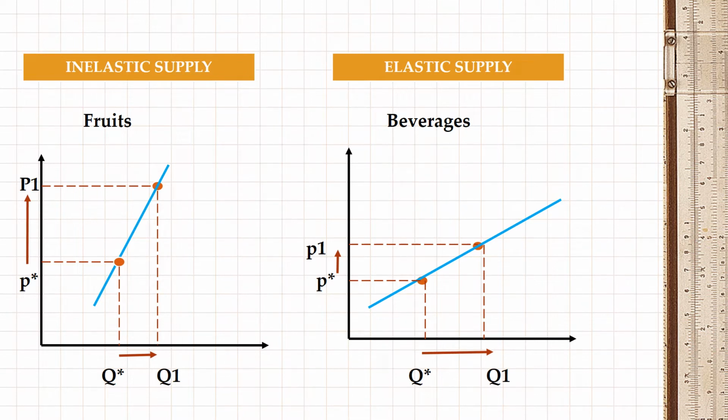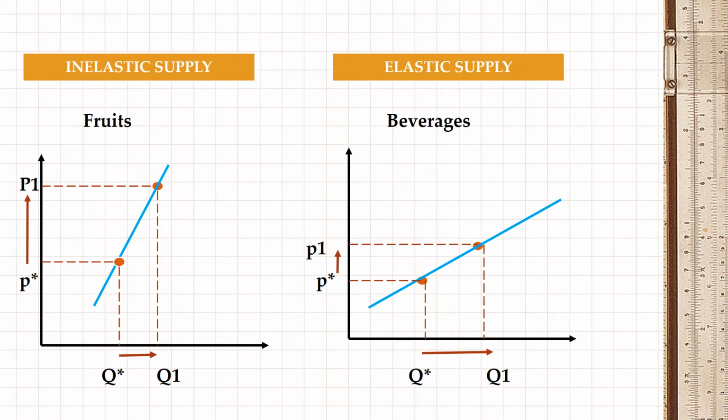So inelastic supply means that if your price changes, quantity supplied does change, but not much in comparison to changes in prices. Referring to this graph, you notice price has risen considerably, but quantity has not increased a lot as compared to the changes in prices. So in this scenario, we say quantity supplied is not sensitive to changes in price level. And here it's because of the nature of the commodity.